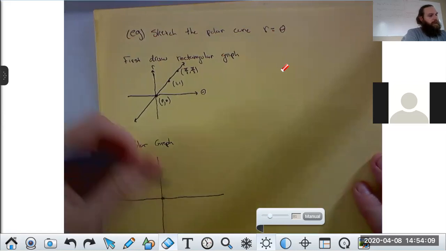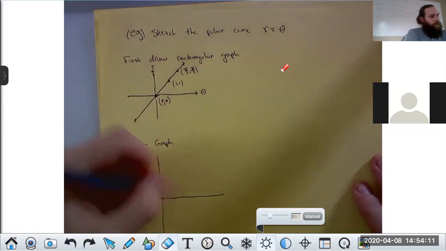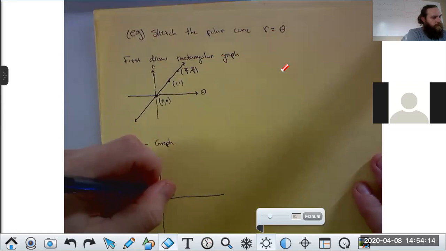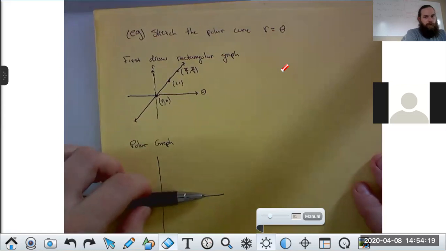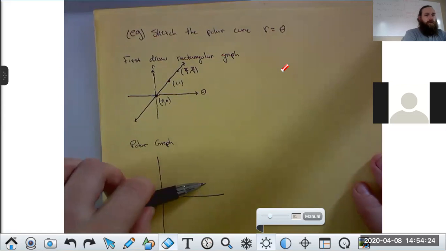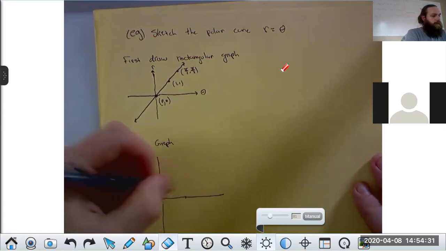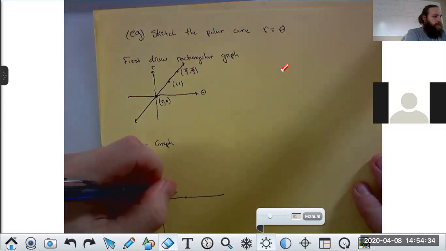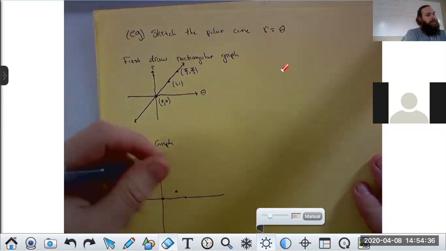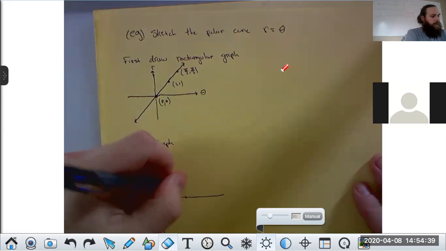But then as theta increases a little bit, r increases a little bit. So if I look just a little bit later, I rotate up just a tiny bit from theta equals 0 to maybe theta equals pi over 6, then r will be pi over 6, which is about 1/2. So if I mark this as unit length, as length 1, then at 30 degrees will be right here at the polar point pi over 6, comma, pi over 6.